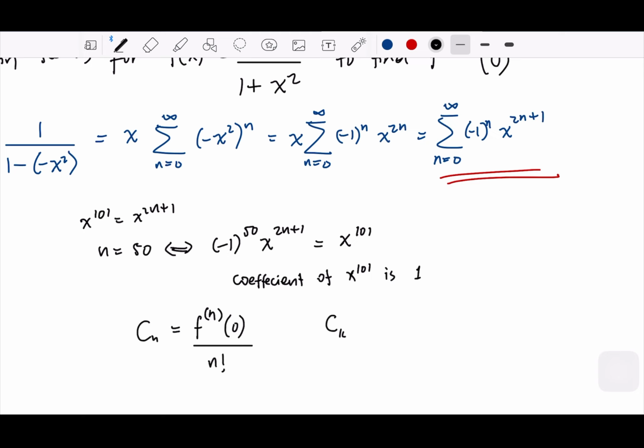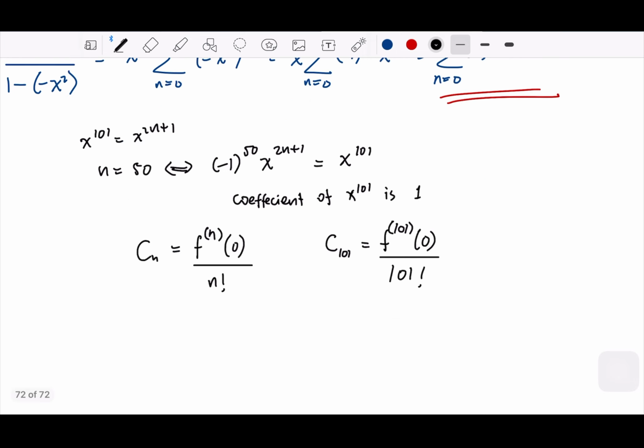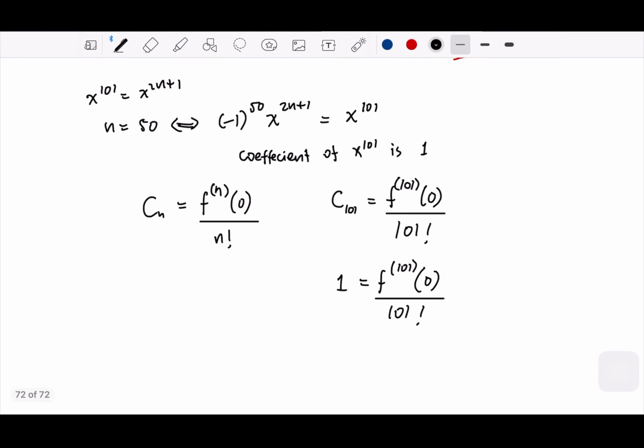At n equal 101, this is f to the 101 at 0 over 101 factorial. So then the coefficient is 1, and this is what we are looking for, the f and then the factorial. So we get the result at the end that f to the 101 at 0 is equal to 101 factorial.